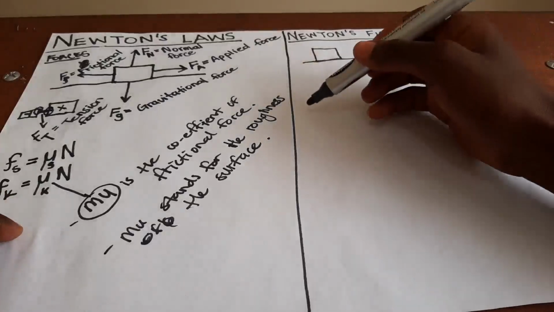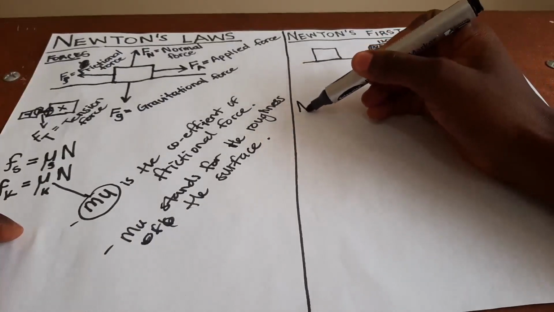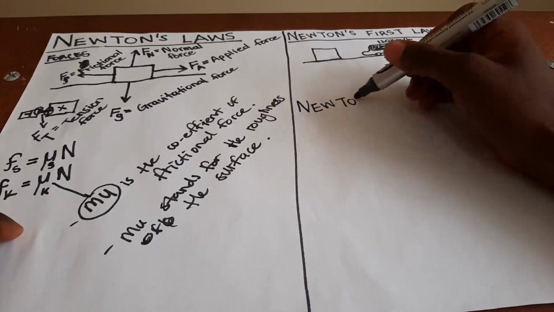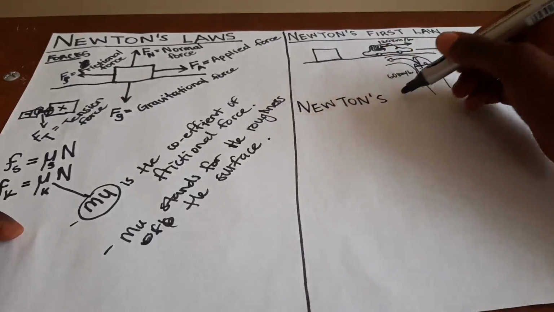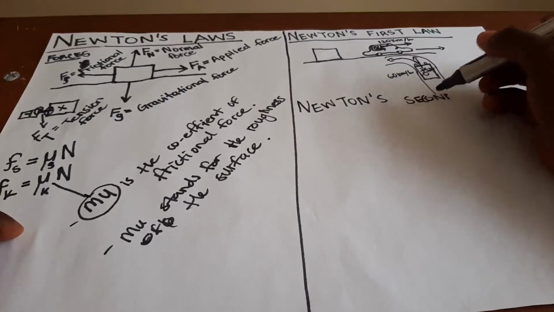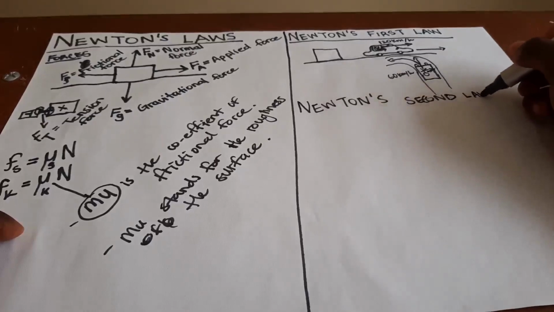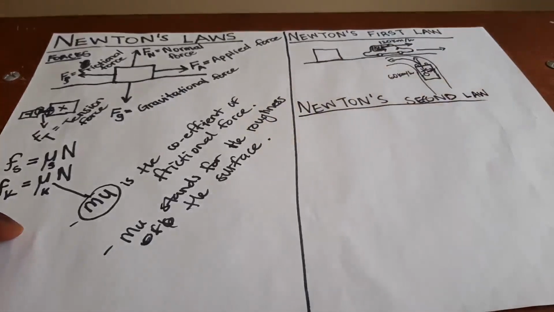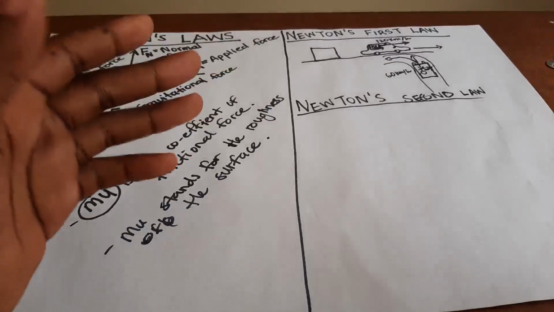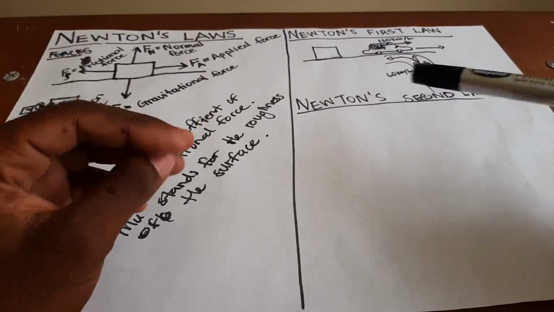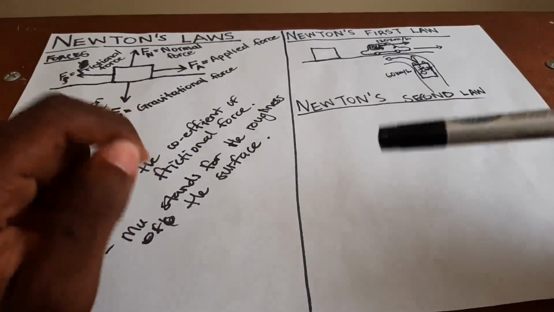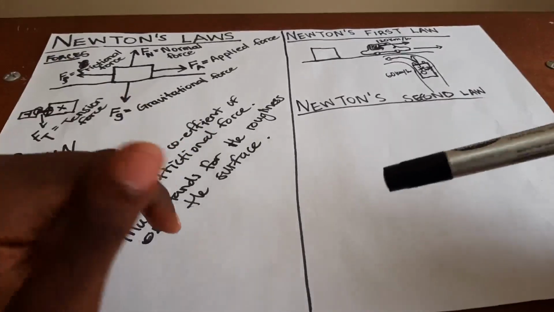So let's get to Newton's second law. Newton's second law states that if a net force acts on an object, the object will accelerate in the direction of the net force.